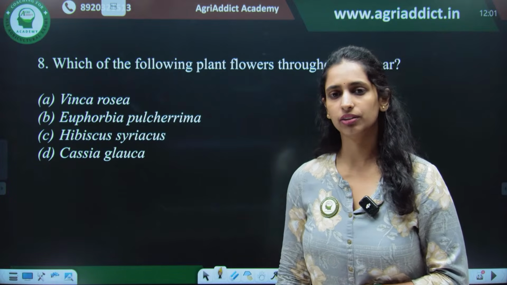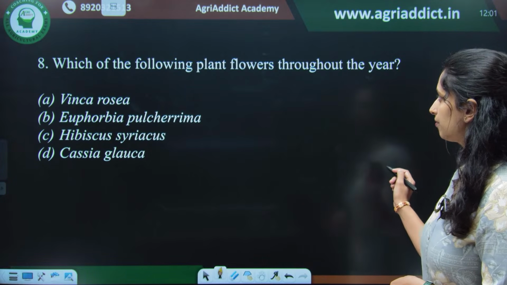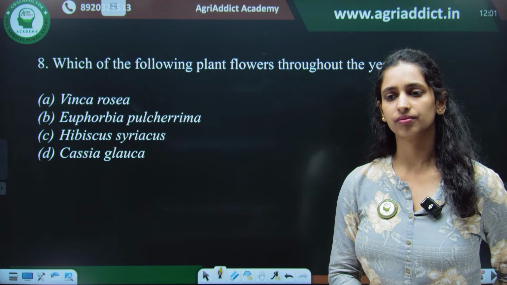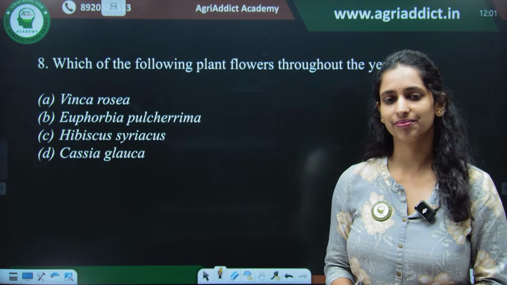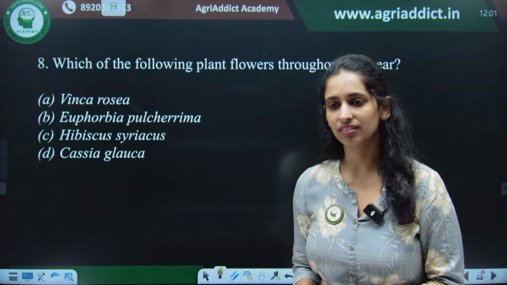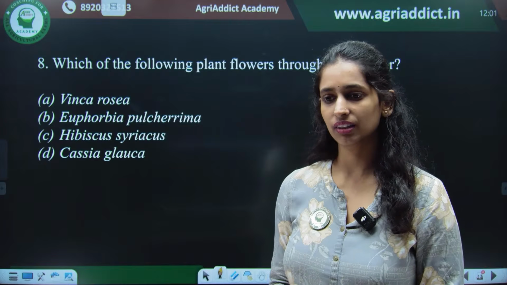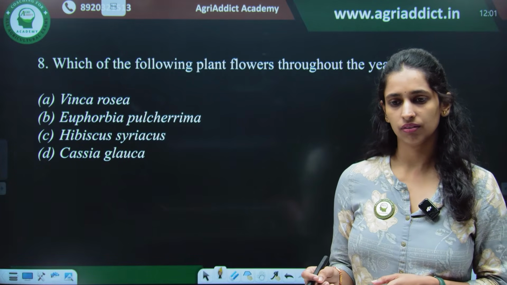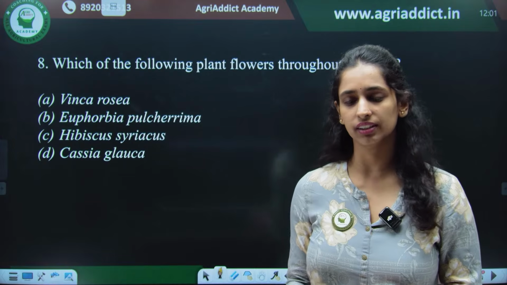So next question, which of the following plants flowers throughout the year? So answer is Anu, Teja. Okay, volume is very low. If others are also saying same, I will correct it.